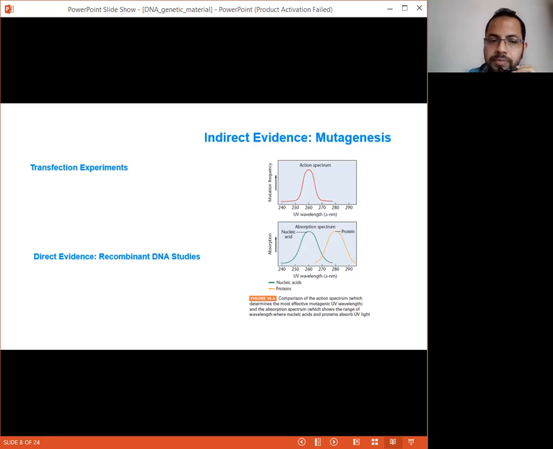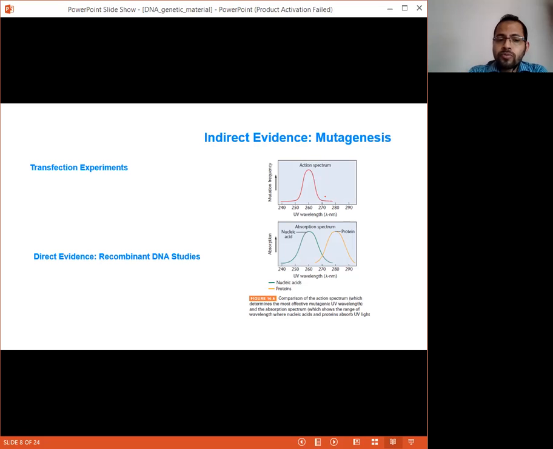these are indirect evidence. And another direct evidence comes from recombinant DNA studies. In biotechnology, you will find that such recombinant genetic engineering is possible, and such an experiment is direct proof: you are extracting some DNA from one organism and putting it inside a vector, and then that vector infects some other cells, and that cell is transformed.